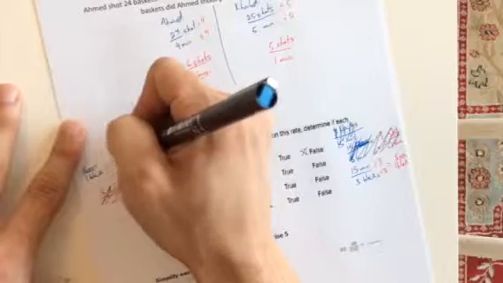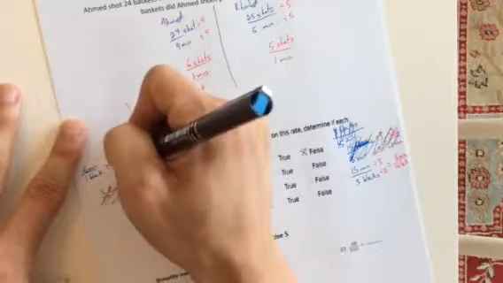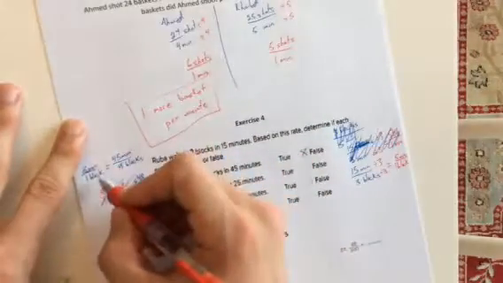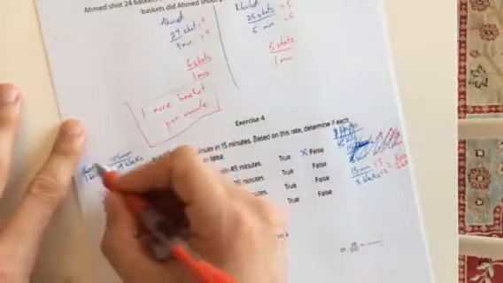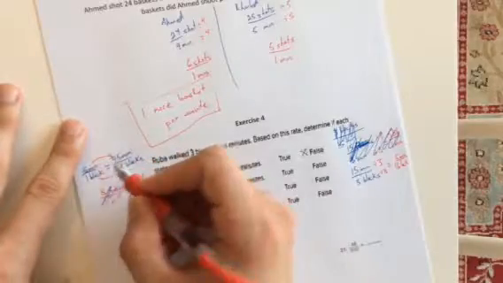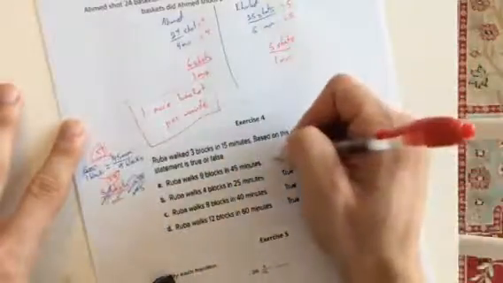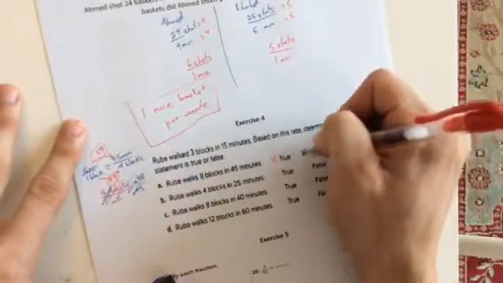Is that the same as 45 minutes for 9 blocks? Well, let's find out. If it is, then whatever we multiplied by here will be the same as what we multiplied by here. So 1 block times 9 equals 9 blocks. 5 minutes times 9 equals 45. So because those are the same, that actually is true.